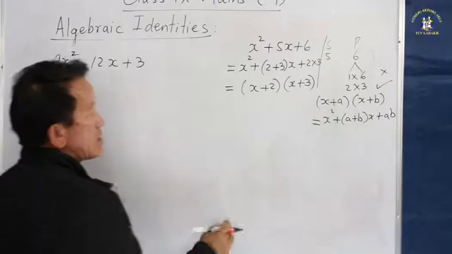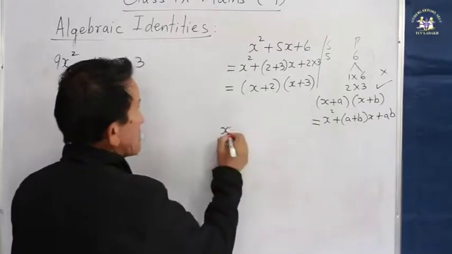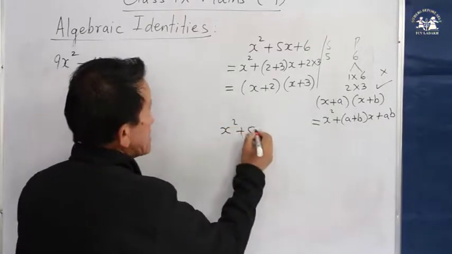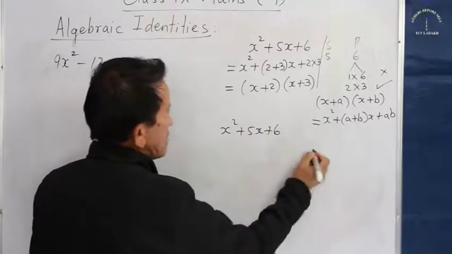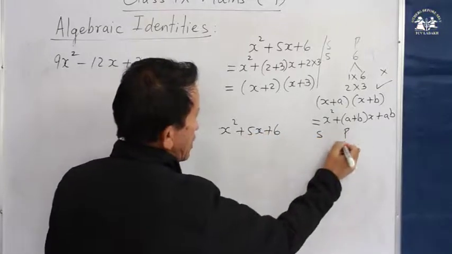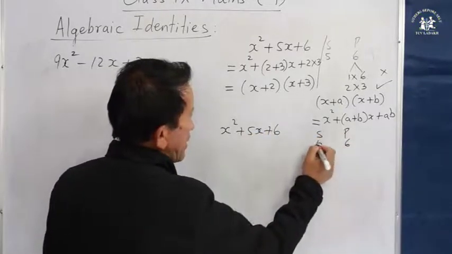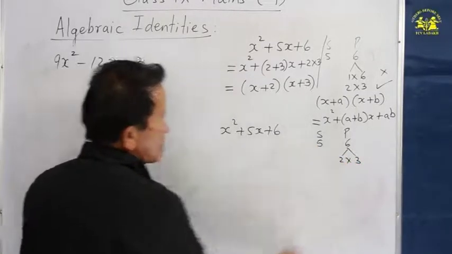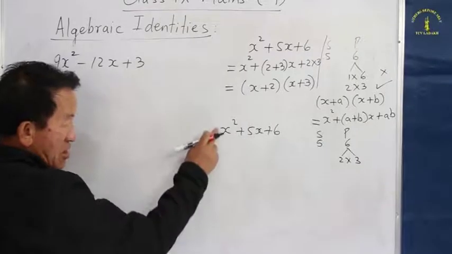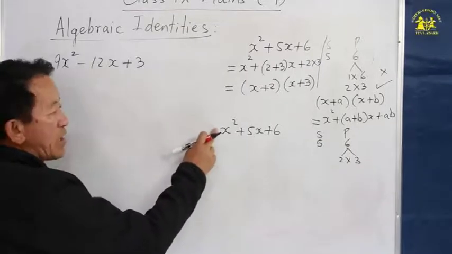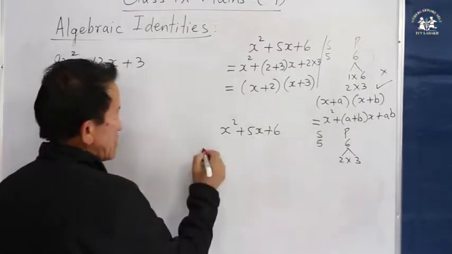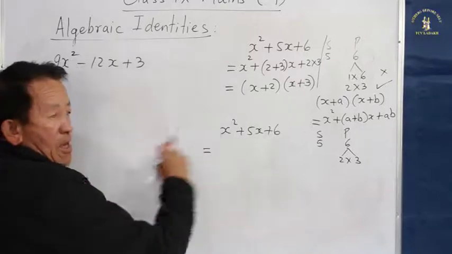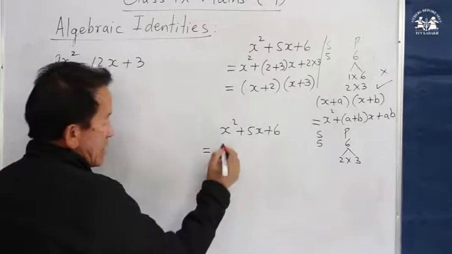Another way of doing it is x squared plus 5x plus 6. Sum and product. Product is 6, sum is 5. So we found that the two required numbers are 2 and 3. Now since the coefficient of x squared is 1, we can write the factors directly. How?